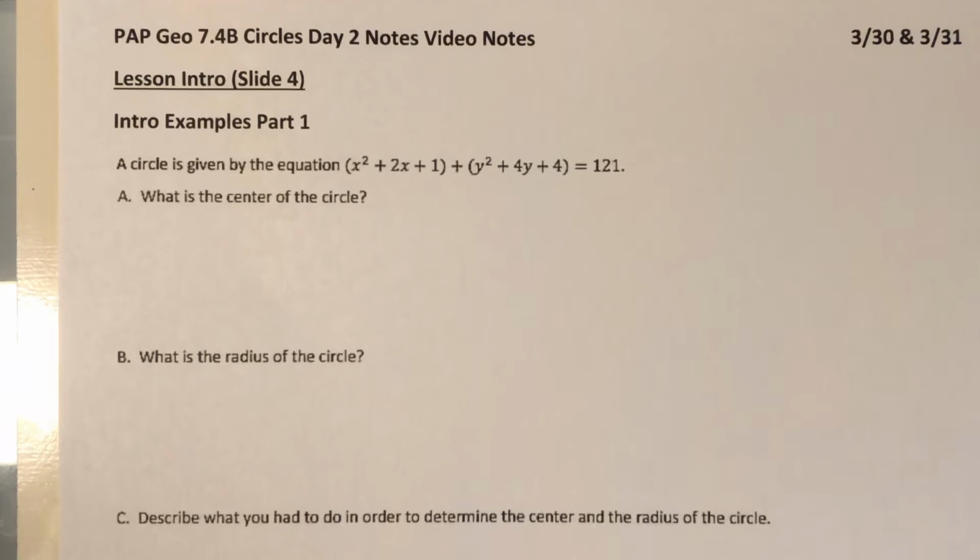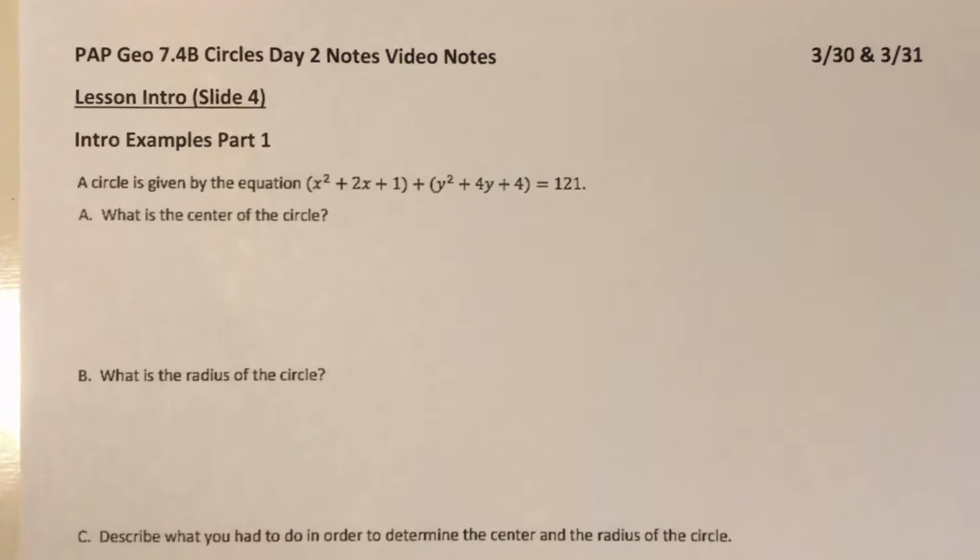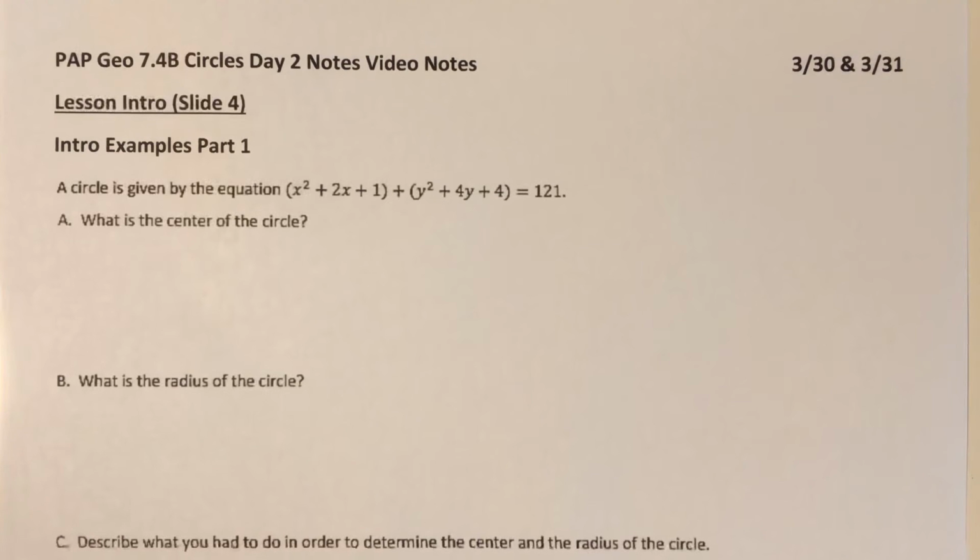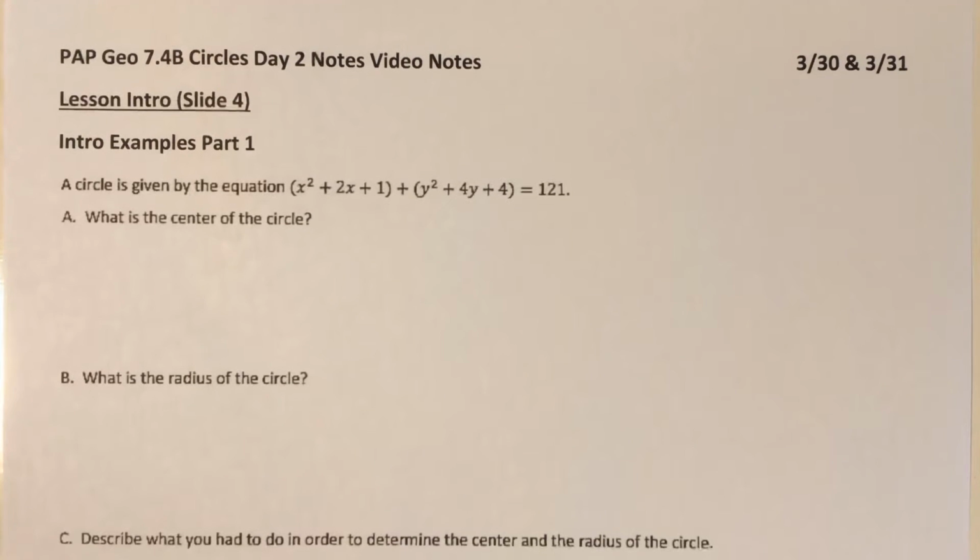Okay, guys, we're going to continue on with day 2 of our equation of a circle notes. And first of all, before we get started on today's lesson, let's just recall that we derived the center radius form of the equation of a circle basically from the Pythagorean theorem.